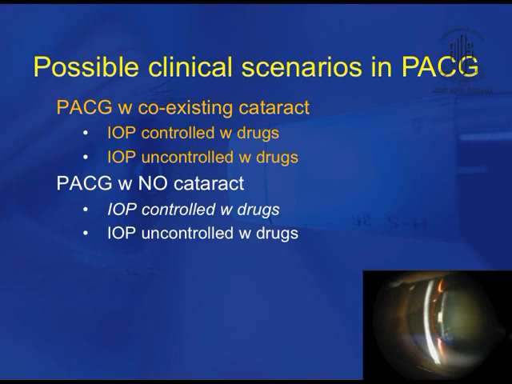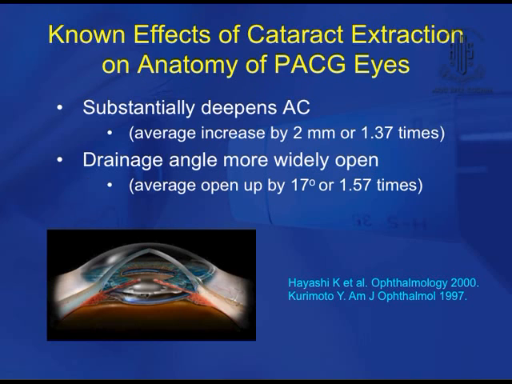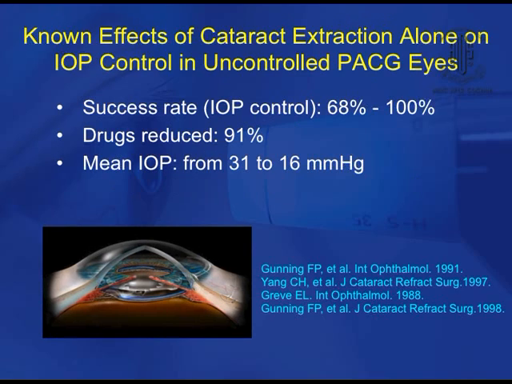Now, let's first look at the situation when it coexists with cataract. As we all know, PACG increases with age. Therefore, the majority of PACG is coexisting with cataract. And now there's also increasing evidence that the cataract may also contribute to the pathogenesis of PACG. We are now fully aware that by removing the cataract, you substantially deepen the anterior chamber as well as widen the drainage angle.